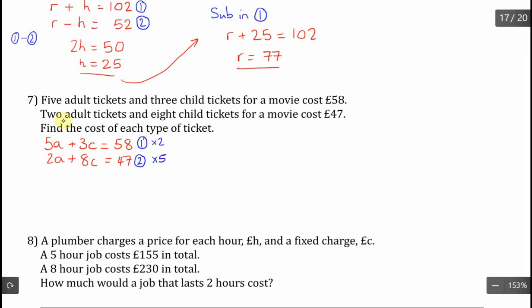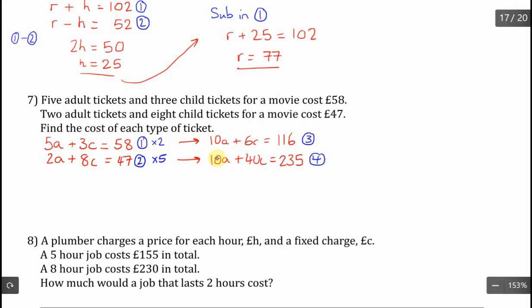Okay, so that will give me 10A plus 6C equals 116. And if I multiply this by 5, I'm going to get 10A plus 40C is equal to 235. Okay, and I'm going to call these equations 3 and 4 respectively.